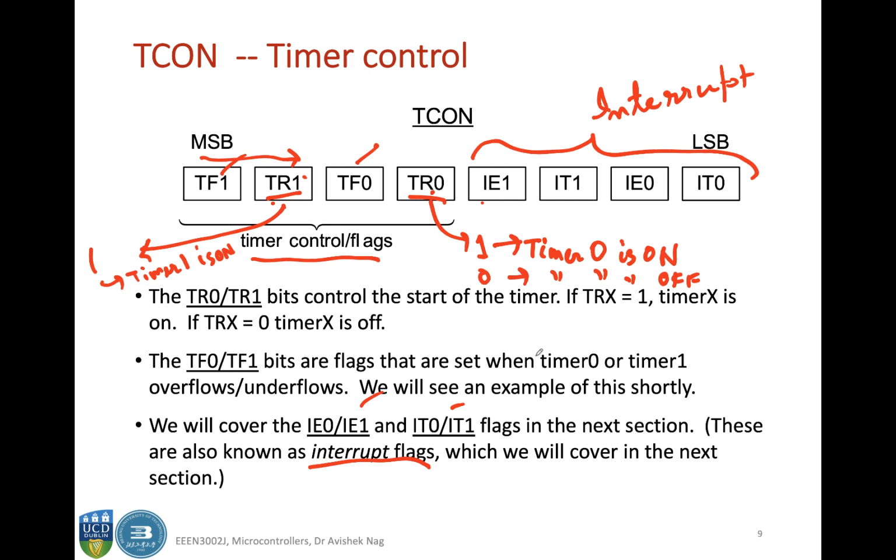When timer 0 or timer 1 finishes counting and reaches the maximum limit, which is FFFF for mode 1 and just FF for mode 2, because mode 2 is 8-bit auto reload, the timer overflows and these bits are set to 1. We will see an example of this shortly.